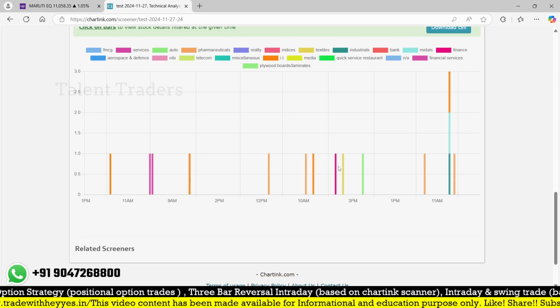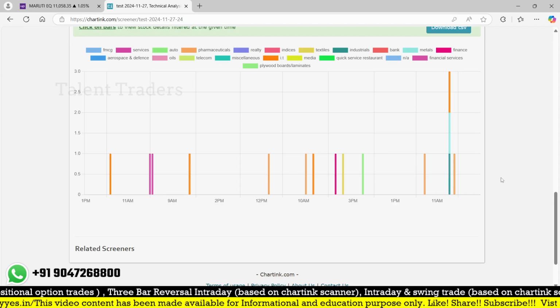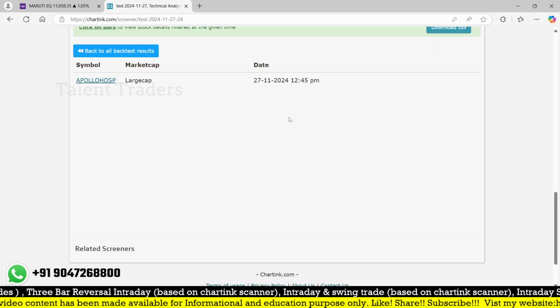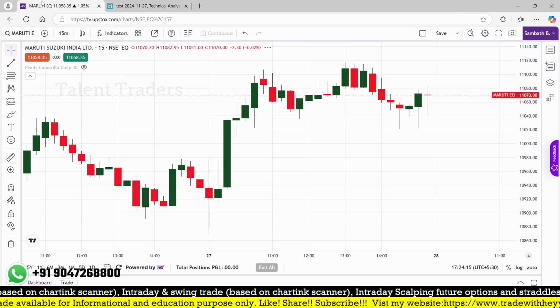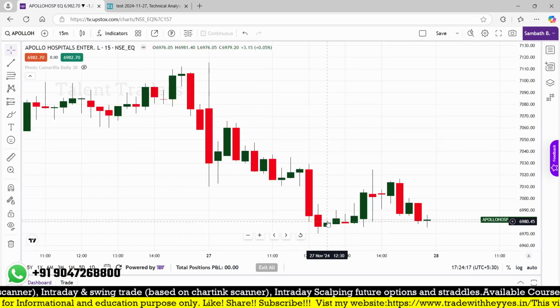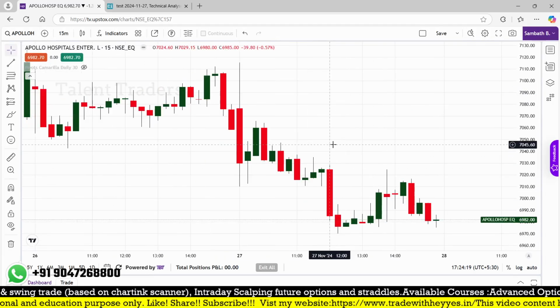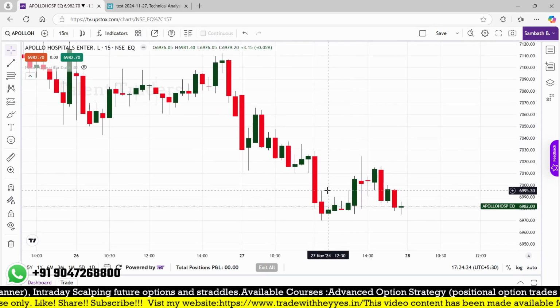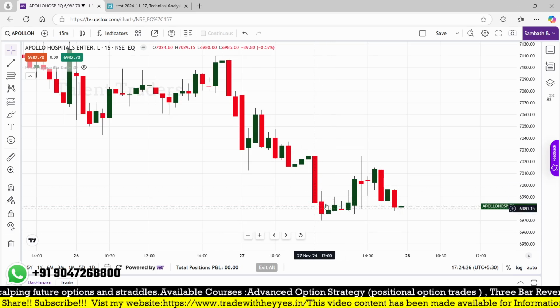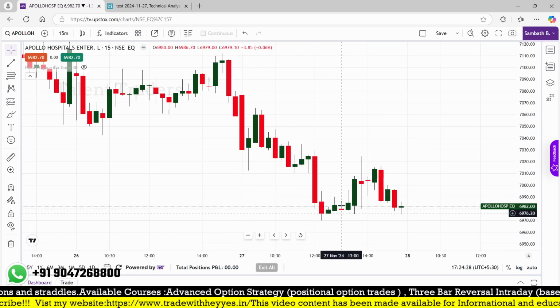Whenever you get multiple stocks, it is very difficult to trade. Only a few stocks that we are planning. So Apollo Hospital around 12:45. Let me check Apollo Hospital 12:45. This is what I am planning. So red candle, and after that a base and rally, and that is happening at the lowest level, after the downtrend.